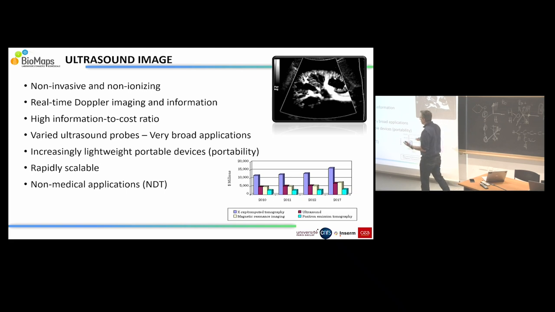The modality evolved a lot, and now it's more and more lightweight and wearable. This is rapidly scalable, and there is also some development for non-medical applications like non-destructive testing, but today we will focus on medical. And as you see, the market increased a lot with time. There is more and more need for ultrasound in medicine.